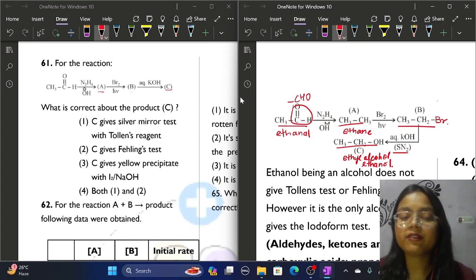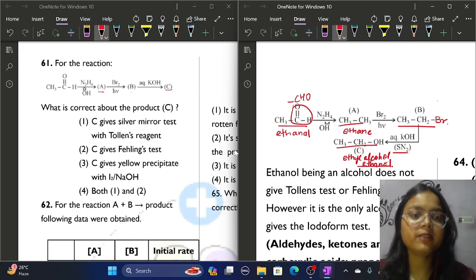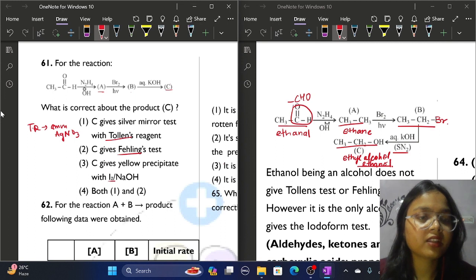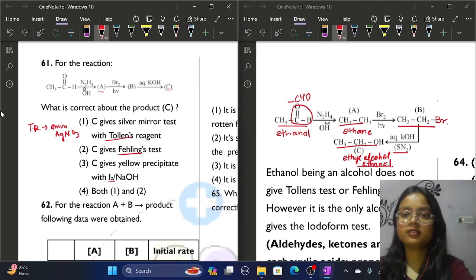So we have to find out which of the following tests this product C, which is ethanol, gives. What is given are the Tollens test, Fehling's test, and iodoform test. So let's see what Tollens reagent is. Tollens reagent is basically ammoniacal silver nitrate.